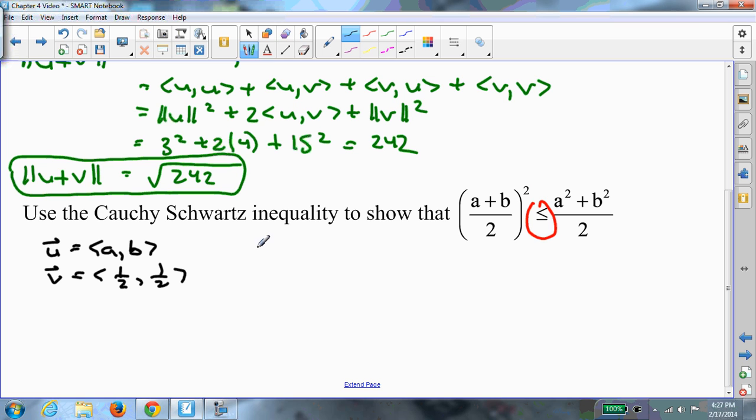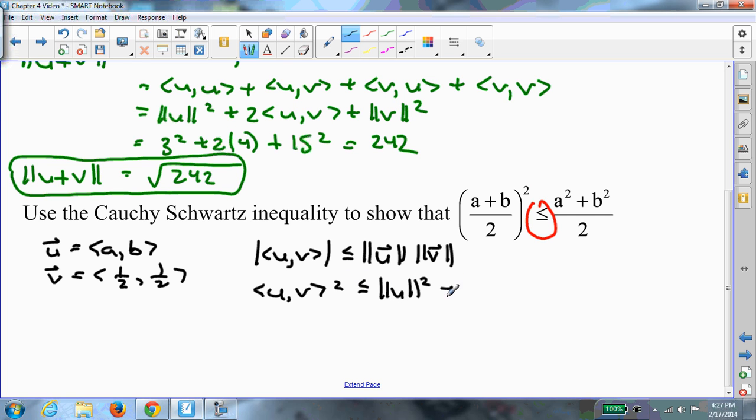So Cauchy-Schwarz says that the magnitude of u dot v is less than or equal to the magnitude of u times the magnitude of v. If I square both sides, that means u dot v squared is less than or equal to the magnitude of u squared times the magnitude of v squared.